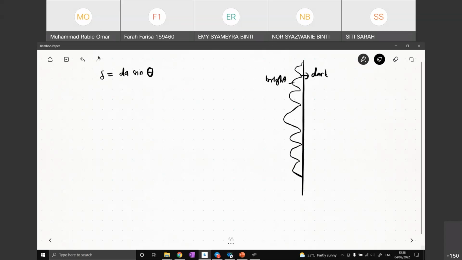When you have interference, in order to have cancellation of the waves, the wave should be like this: the maximum must meet with the minimum.